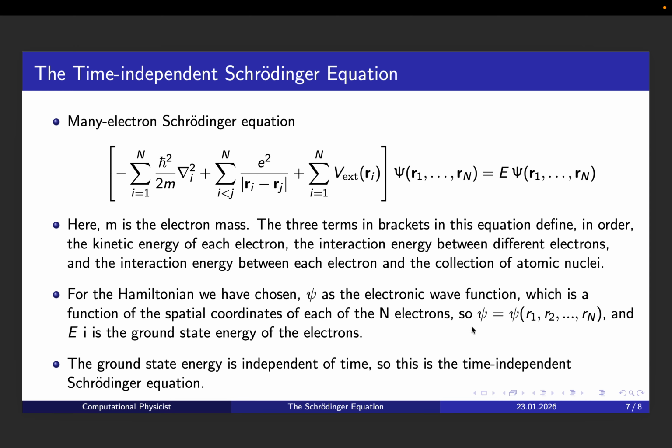E is the ground state energy of the electrons, and the ground state energy is independent of time. That's why we are saying that this is the time independent Schrödinger equation.